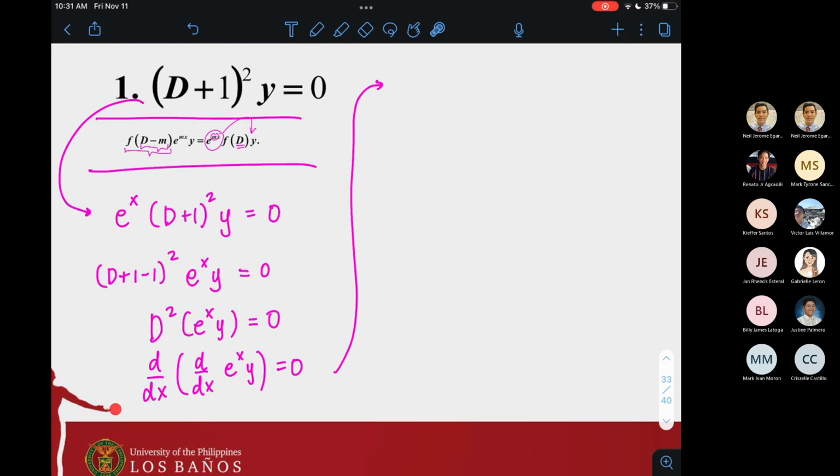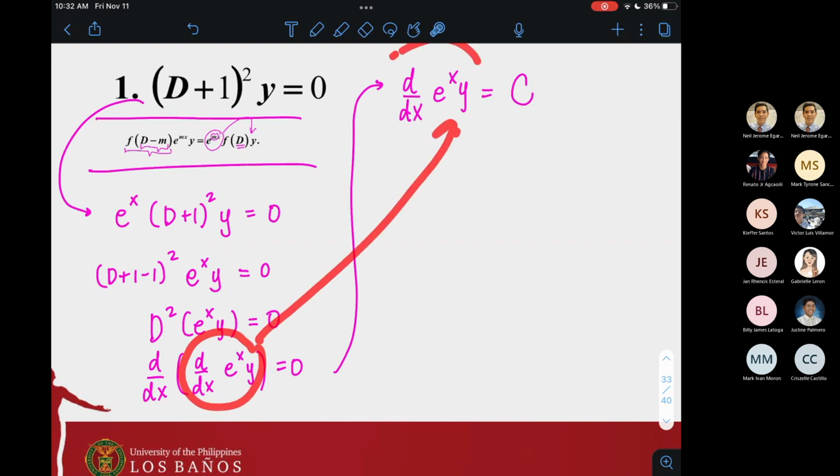Right? So that means whatever we differentiated here must be equal to a constant. So that means d dx of e to the x y is a constant. Right? Kasi dito, dinifferentiate natin yung derivative ni e to the x y, ang sagot daw ay 0, so that means yung dinifferentiate natin, which is the derivative of e to the x y, must be equal to a constant.